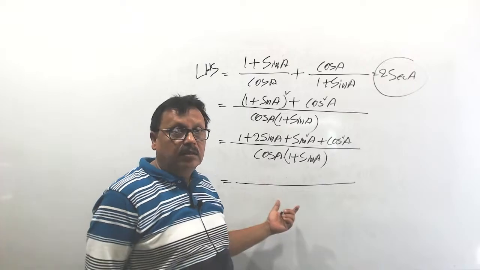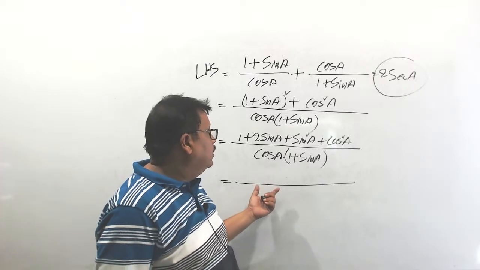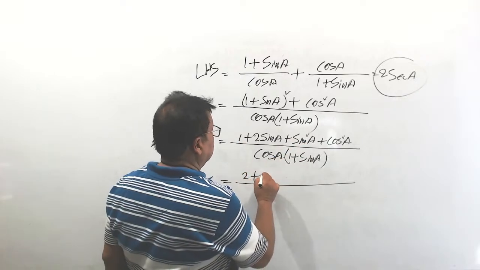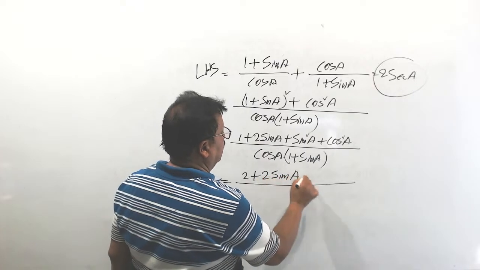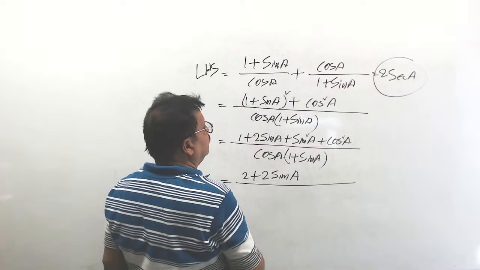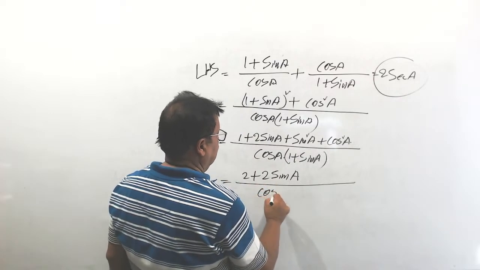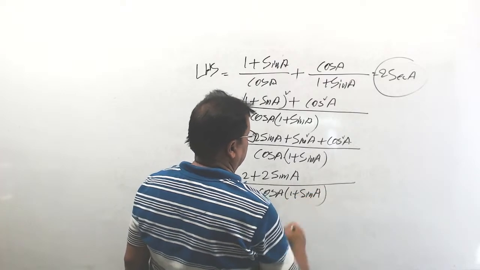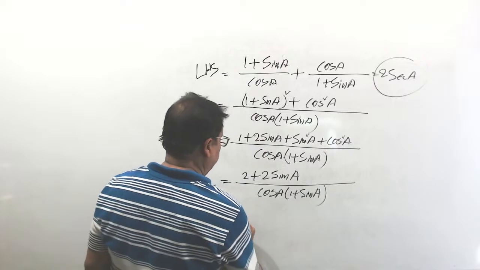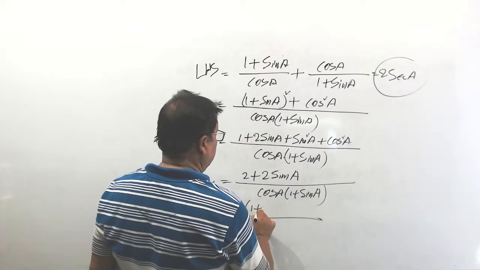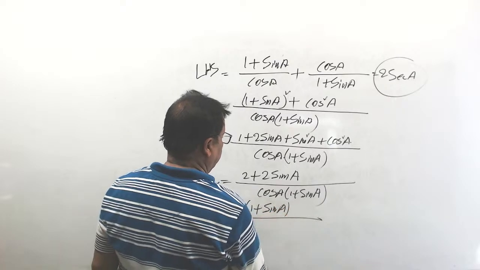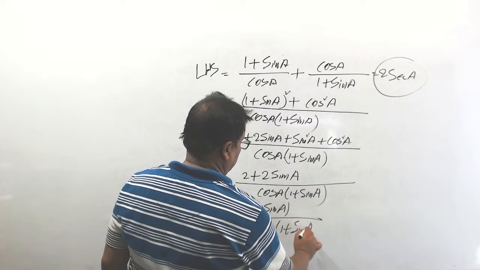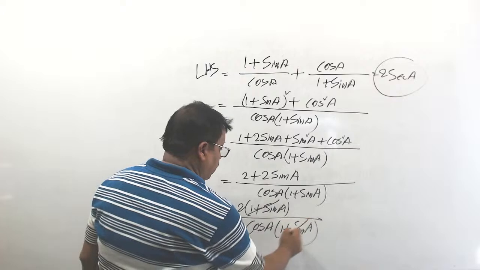So what you will get? 1 plus 1, that is 2 plus 2 sin A. Understood? 2 plus 2 sin A by cos A into 1 plus sin A. That means take common 2, 2 into 1 plus sin A by cos A into 1 plus sin A. Understood?